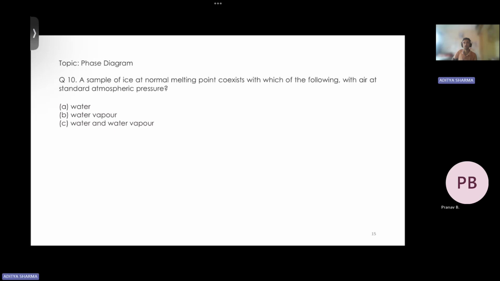Because the surrounding also has moisture, and when that moisture comes in contact with some cold object, in that case it starts to condense. Okay, okay. There is some heat transfer. Yes, yes, that's why.